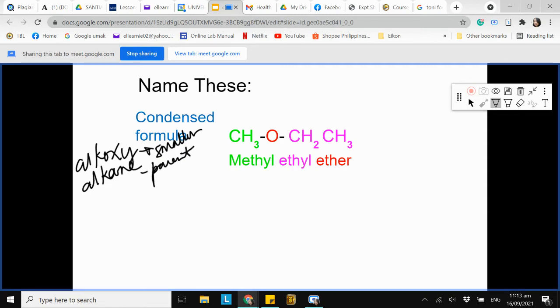So, given here, di ba, ang pinakamahaba mo is ito. Tapos ito yung pangalan niya. So, what would be yung smaller? Let's have Michael Palileo. Michael, are you still with us? Anong po ulit tanong? Ano ang IUPAC name ng methyl ethyl ether?